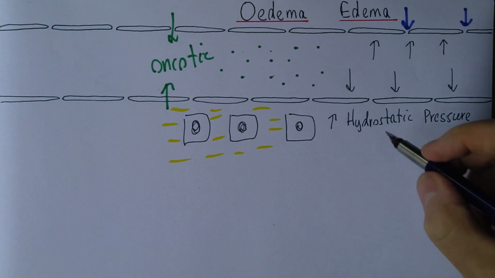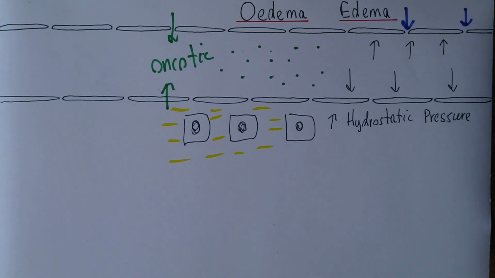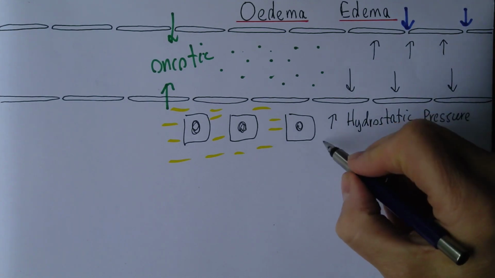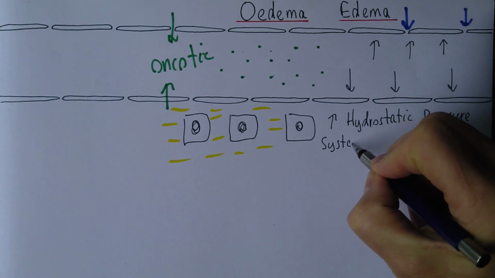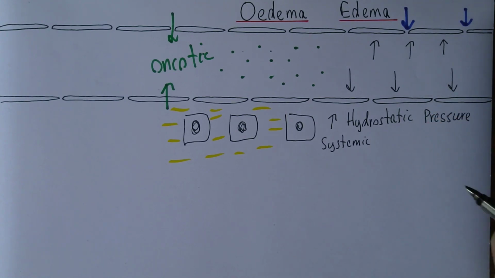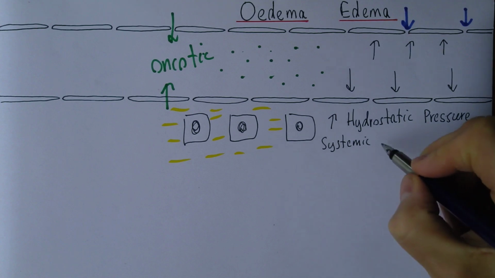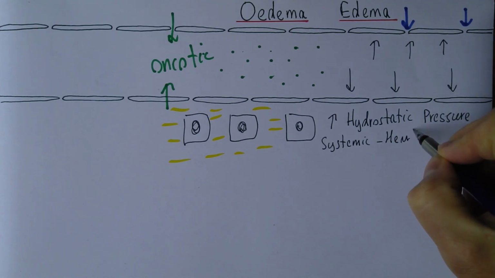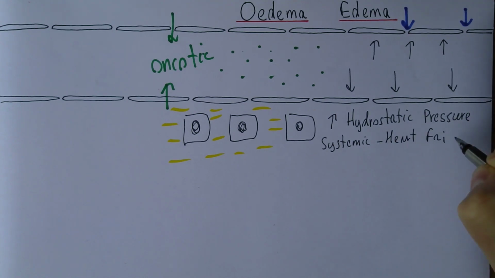So this could be localized or it could be systemic. For example, if it's systemic, that could be caused by heart failure. If there's a right heart failure, that might initially lead to systemic edema.